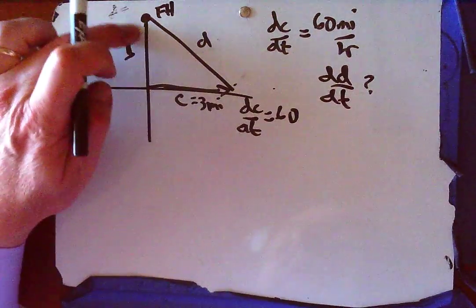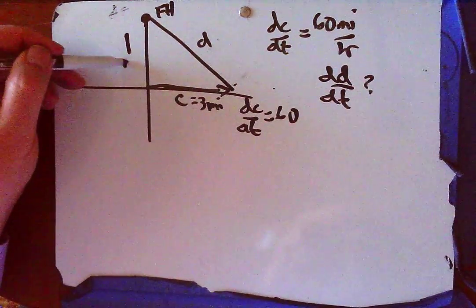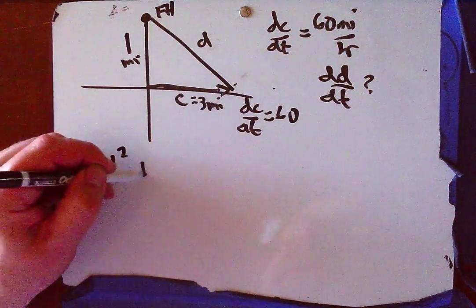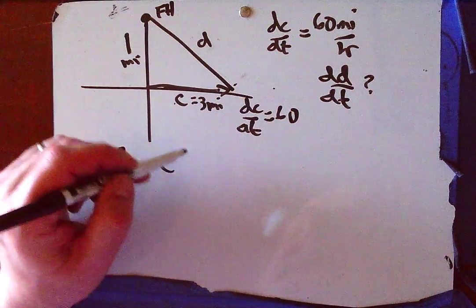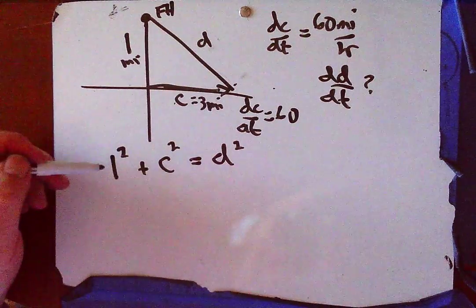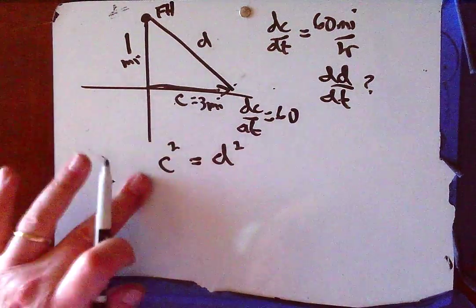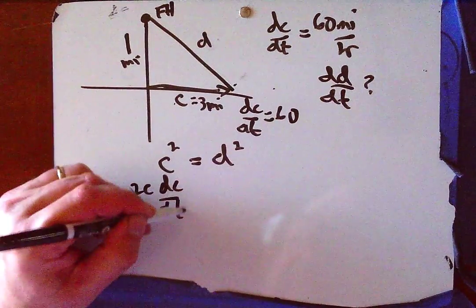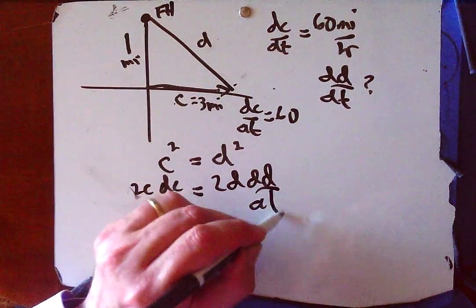The farmhouse isn't getting closer or further away. Using the Pythagorean theorem, I have 1 squared plus c squared equals d squared. Taking the derivative with respect to time, the derivative of the number is 0, the derivative here will be 2c dc/dt, and the derivative here will be 2d dD/dt.